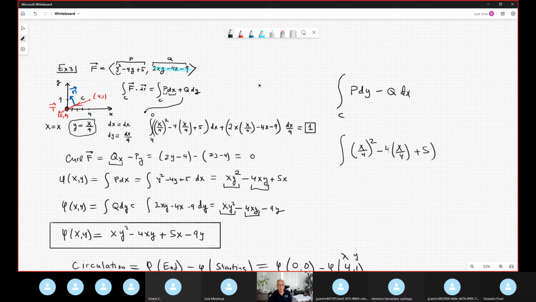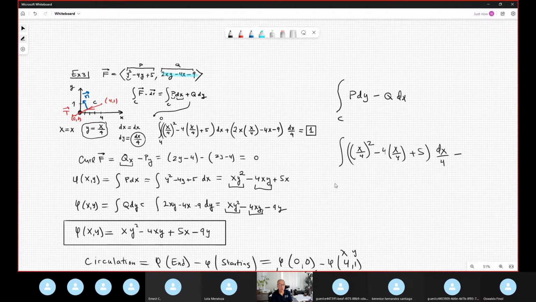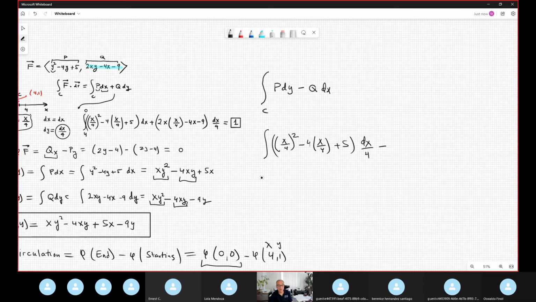And dy is dx over 4. It's the same, but in a different formula. Minus Q, and Q is 2x multiplied by x over 4 minus 4x minus 9, multiplied by dx.